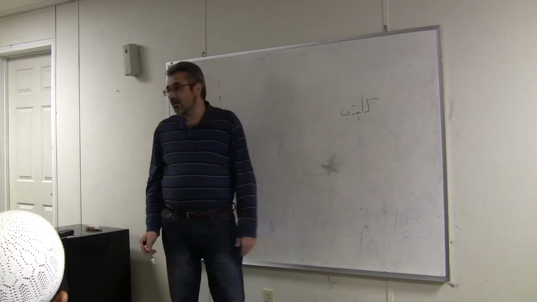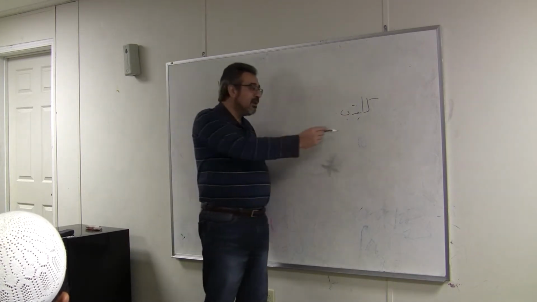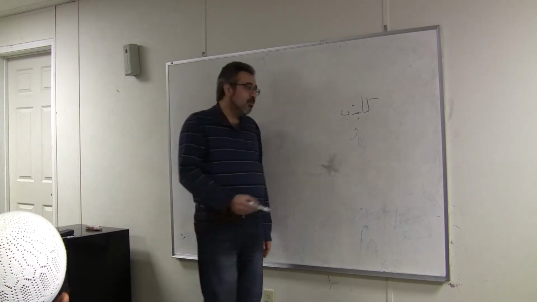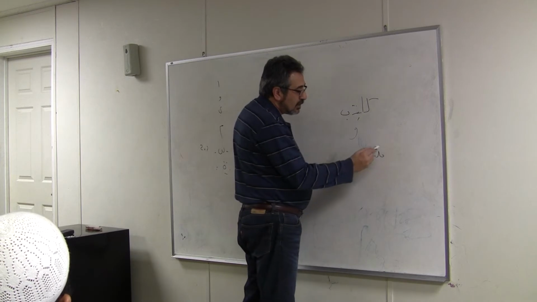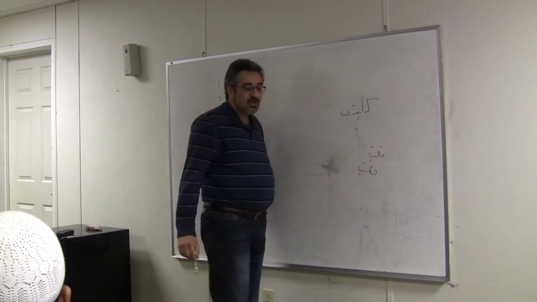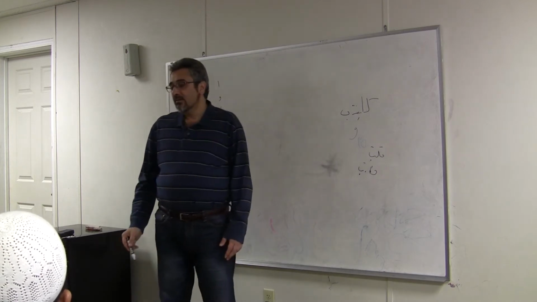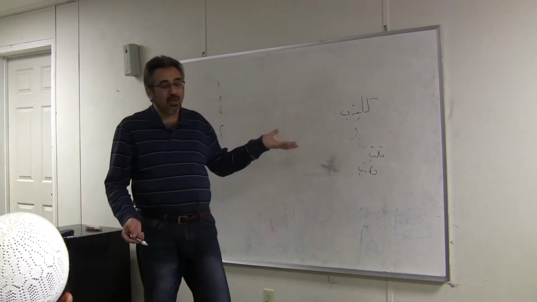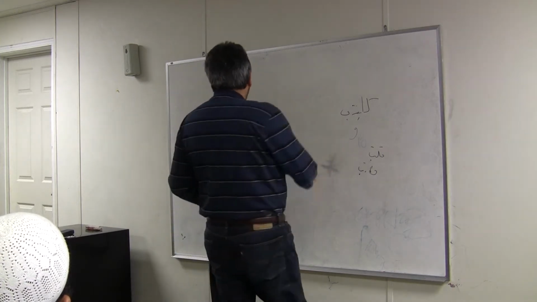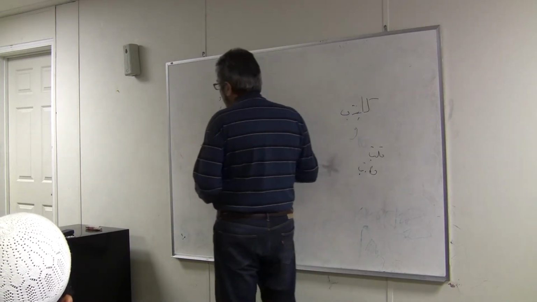Katib, he's a writer. Katub, he loves to write a lot. Maktab is the place you write. Mukadib is he writes, the adjective of kadab. So the combination of terms can give you katab and so forth.